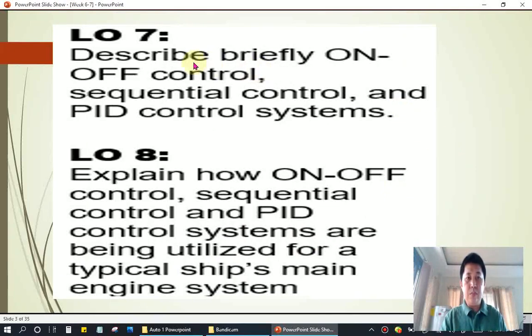Learning objective: describe briefly on-off control, sequential control, and PID control system. Explain how on-off control, sequential control, and PID control systems are being utilized for a typical ship's main engine system.